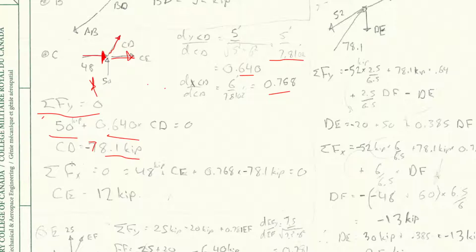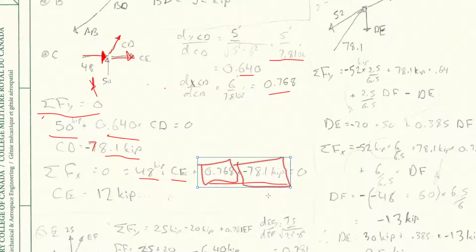And then next thing to do, just same deal but for the x direction. So we got the 48 kip, plus the x portion of our CD. So again, keeping in mind you need to keep your signs consistent.